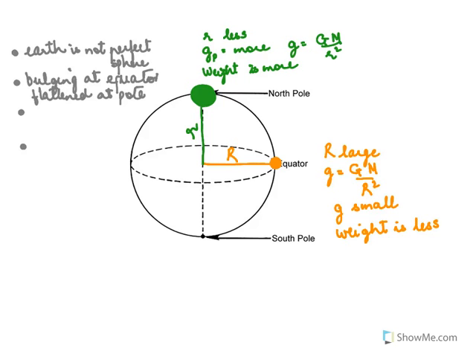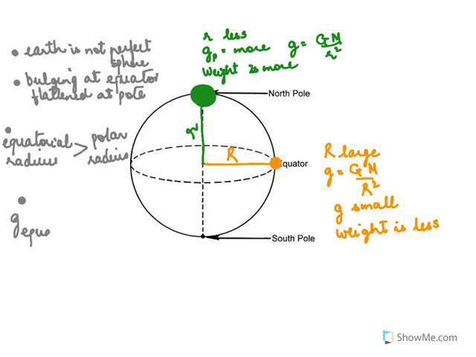So our equatorial radius is more than the polar radius due to its shape. Now, if the equatorial radius is more than the polar radius, which means acceleration due to gravity at the equator is less than acceleration due to gravity at the pole. And hence, for the last point, the weight at the equator will be less than the weight at the pole.